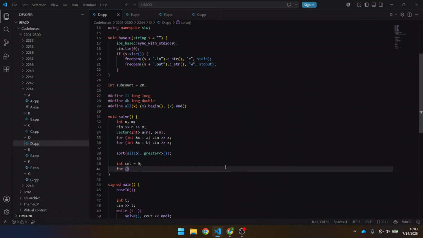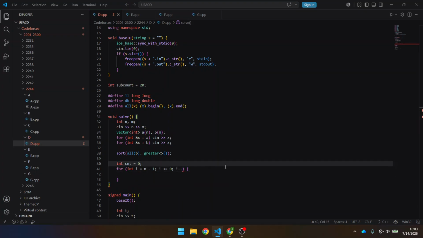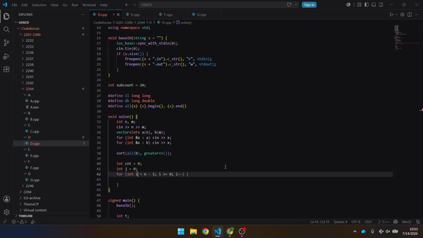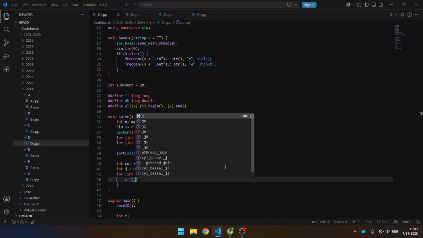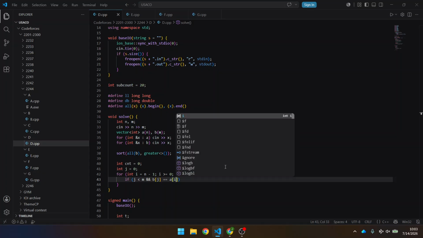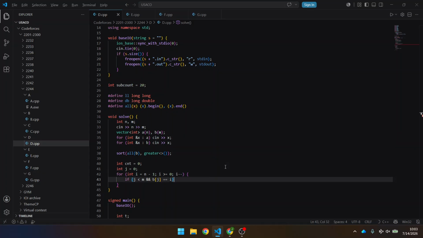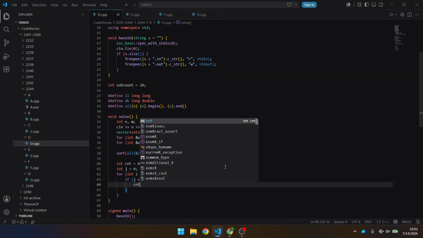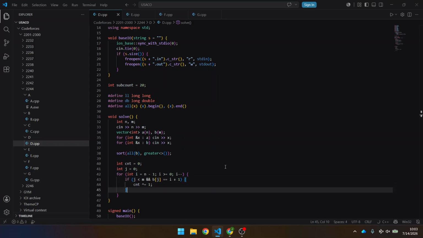Int count is 0. For i is 1 to 0, and minus. You have int j is equal to -1. Int j is 0. If j is less than m and b[j] is equal to i, b[j] equals i plus 1, count equals 1, okay.